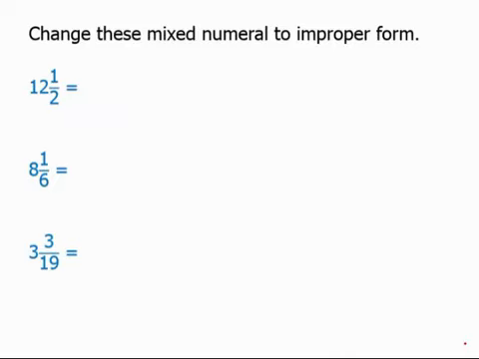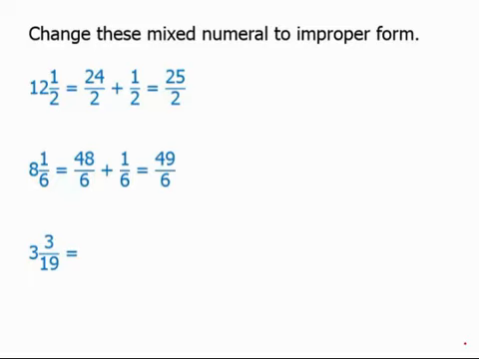And so we find a common denominator. 12, we'll multiply that by 2 over 2, and so that becomes 24 over 2 plus 1 over 2, that's 25 over 2. We'll multiply the 8 by 6 over 6, so it becomes 48 over 6, plus 1 over 6 equals 49 over 6.